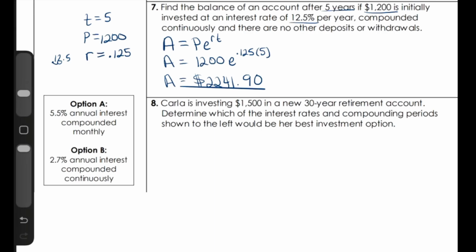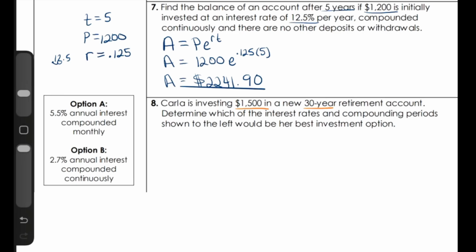So we need to say option A or option B is better. It'll give her more money in the future. So here we do have our initial investment and our time. These are going to be true statements for both option A and B.